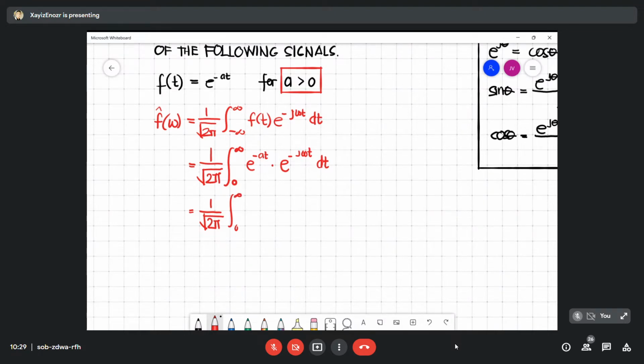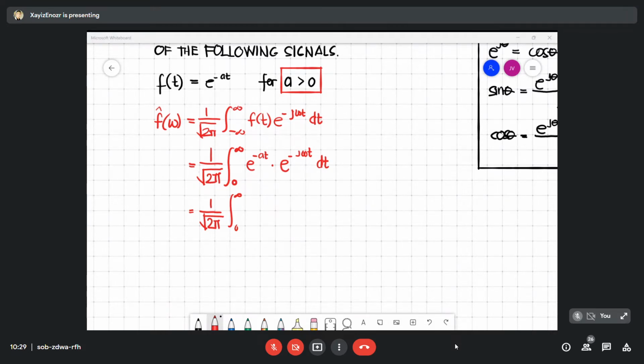Pag meron tayong the same base, tapos pinag-multiply mo yung dalawa na yon, according sa rule of exponents, ano mangyayari? Sasamahin po, addition. Paano pagsasamahin? Pakilinaw yung pagsasamahin. Anong gagawin?